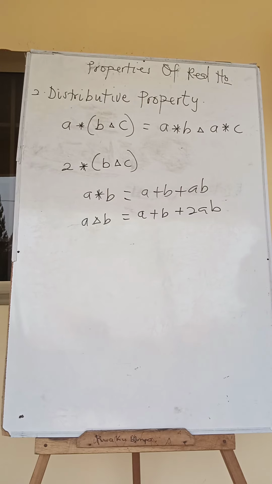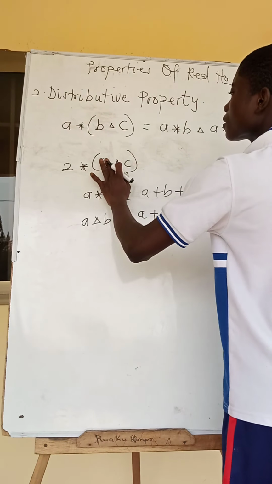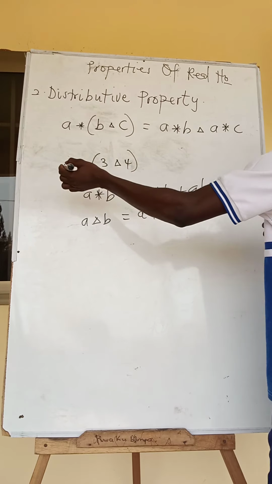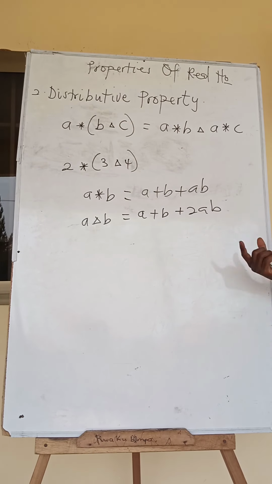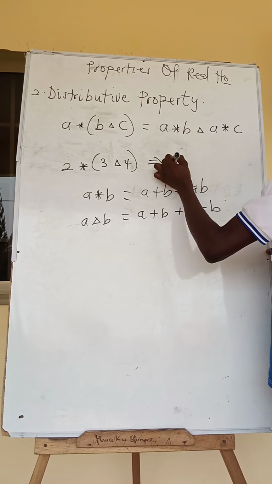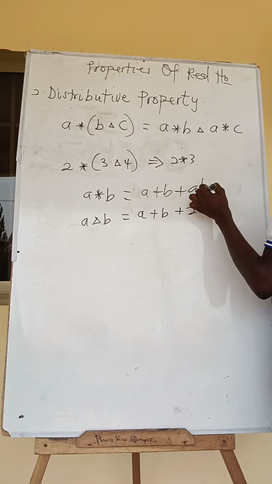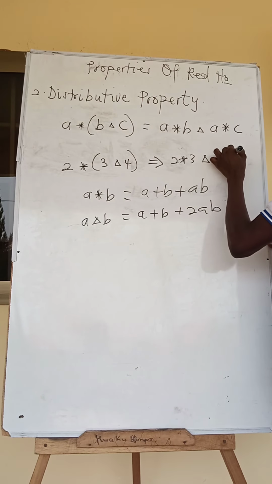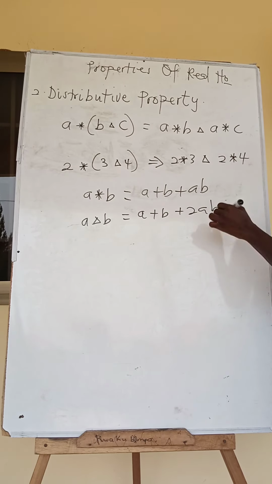I'm just going to split it. So let's see. We are just going to use this over this rule, right? So if we distribute this, we are going to get 2 star 3, then operation 2 star 4.